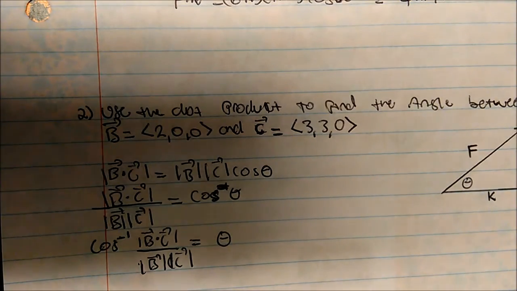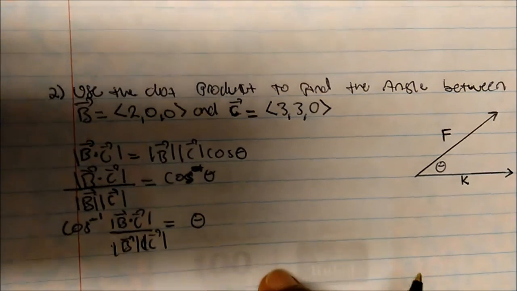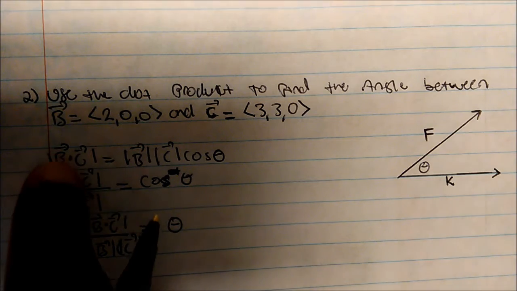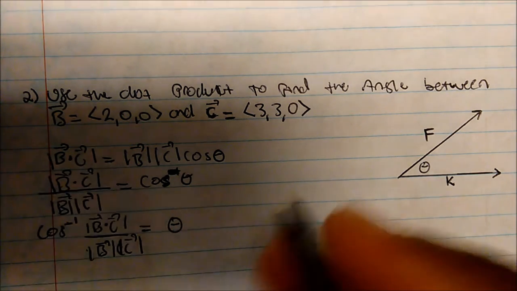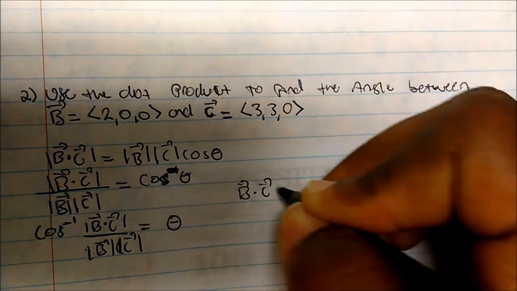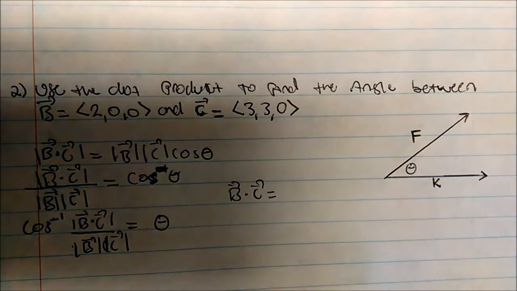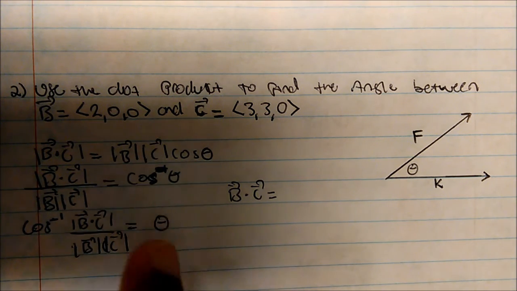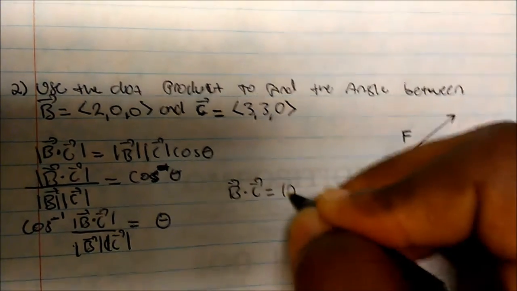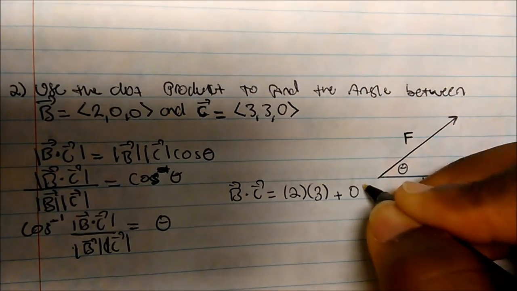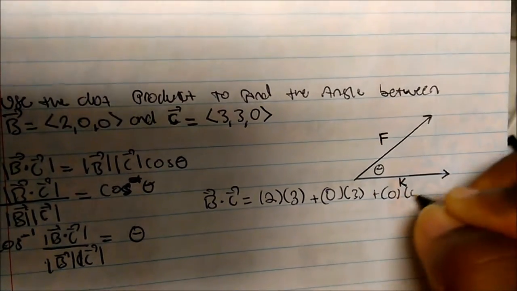And so what does that mean? Let's solve it. So what is B dotted into C? Let's do that first. Well, if I take B and dot it into C, that simply will be equal to 2 times 3 plus 0 times 3 plus 0 times 0.